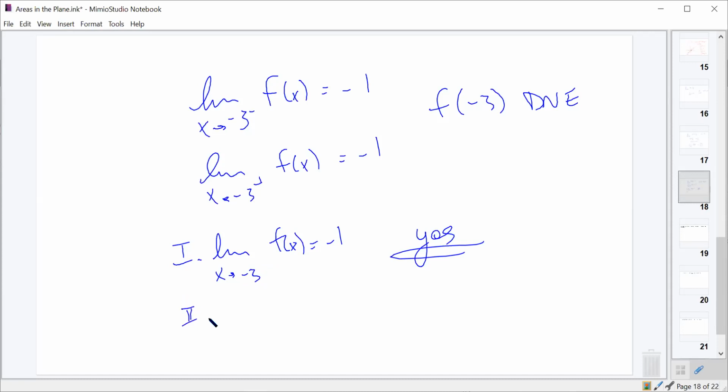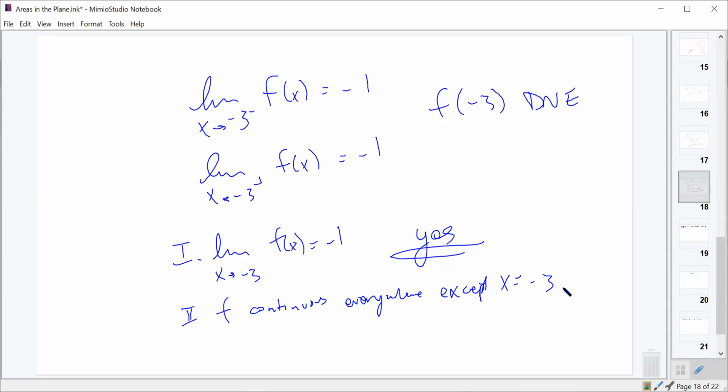Number 2 says that f is continuous everywhere except x equals -3. And so this one, that could be true, but there's nothing stating that there aren't any other potential discontinuities for f.